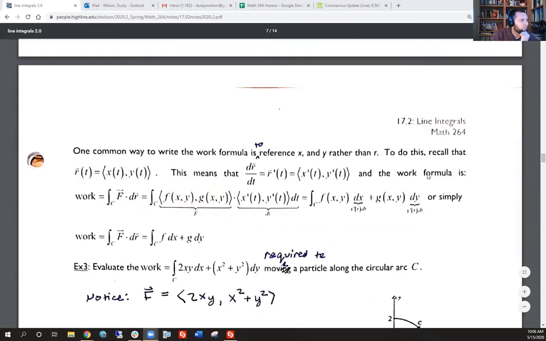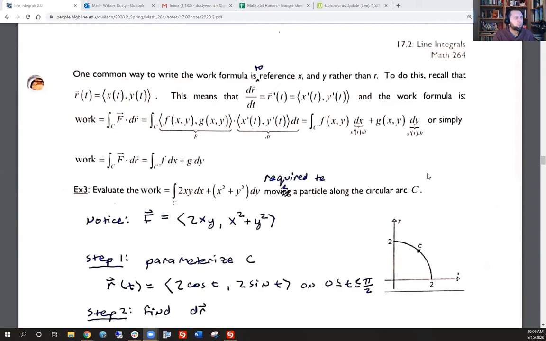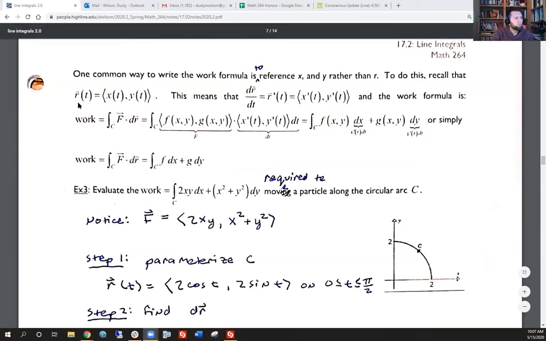All right. So one common way to write the work formula is to reference x and y rather than dr or rather than r. To do this, we recall that our r space curve is equal to x comma y. So this means that r prime is equal to x prime, y prime.